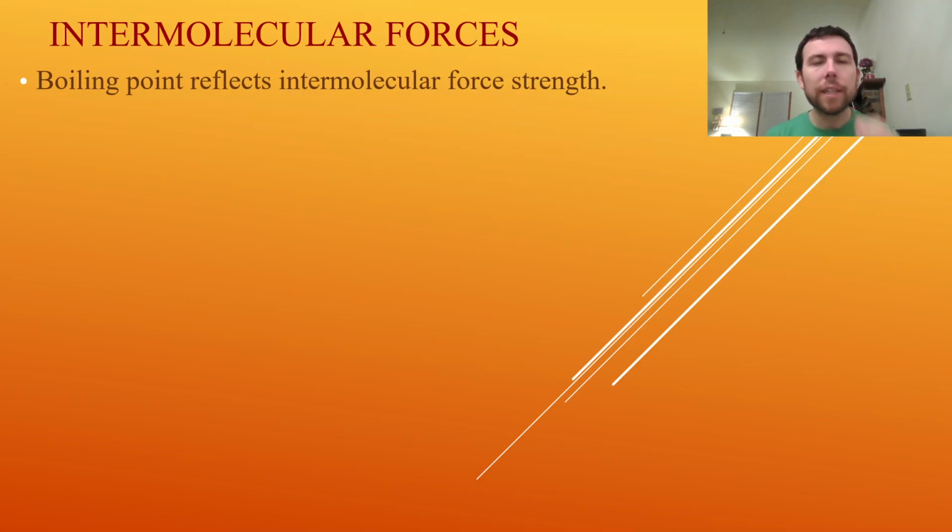Now, as we look at intermolecular forces, an important thing to recognize is that intermolecular forces play the biggest role in physical properties of our substances. And so things like melting point and boiling point are going to tell us something about the intermolecular forces and the strength of those forces within our molecule, right? So boiling point is going to be a reflection of intermolecular forces.